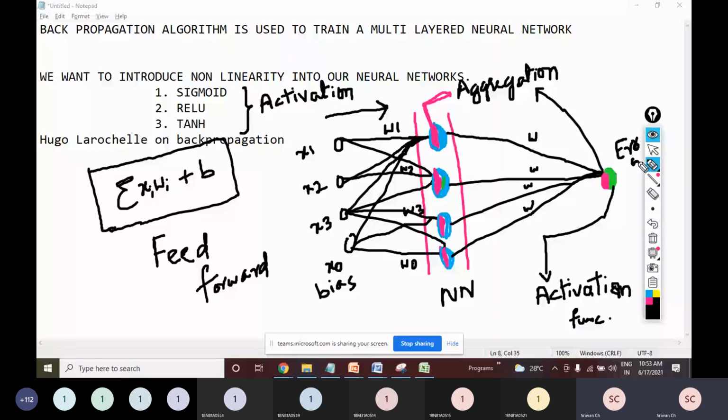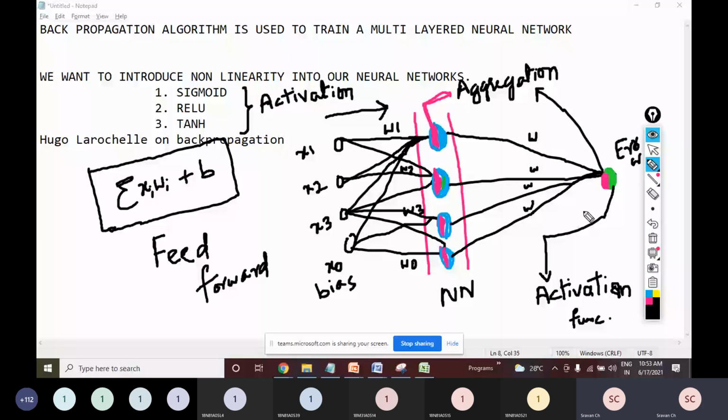In order to minimize the error, we have to make some changes in the weights. How do we make changes in the weights? I will calculate the error at this layer, and I'll come in the backward direction, and I'll try to update the weights here. In the process of updating weights, again we will use the concept of gradient descent. So back propagation means we will propagate the error in the backward direction and make changes in the weights.